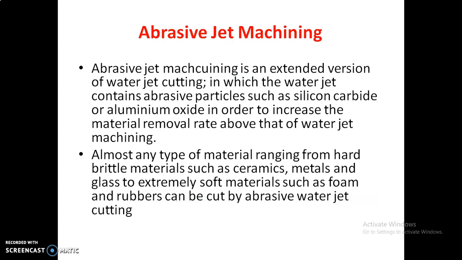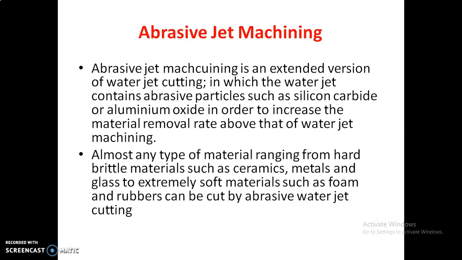The next one is abrasive jet machining. Abrasive jet machining is an extended version of water jet cutting in which the water jet contains abrasive particles such as silicon carbide or aluminum oxide in order to increase the material removal rate above that of water jet machining. As compared to water jet machining, abrasive jet machining is more effective.